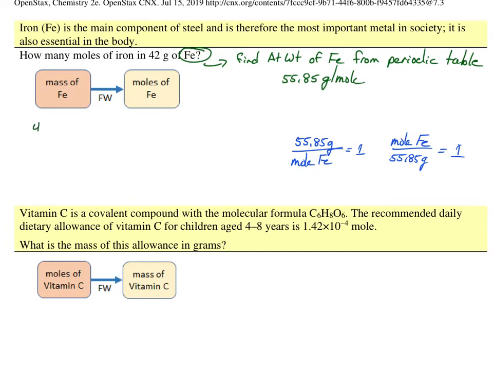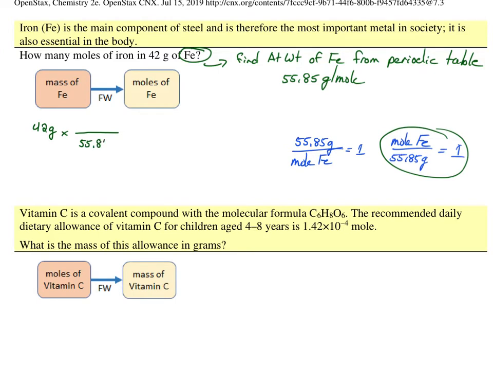We write down our number with its unit, 42 grams, and we know we want to get to moles. So we need to use the version of the conversion factor that has grams in the denominator so that they cancel out. That means in this problem, we're going to divide by 55.85 rather than multiplying by 55.85.